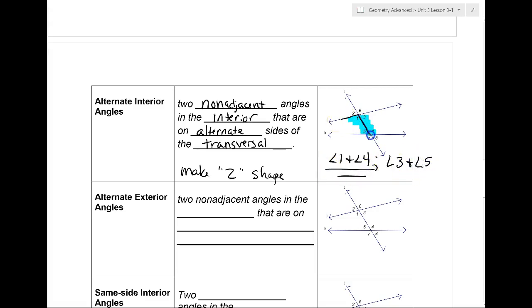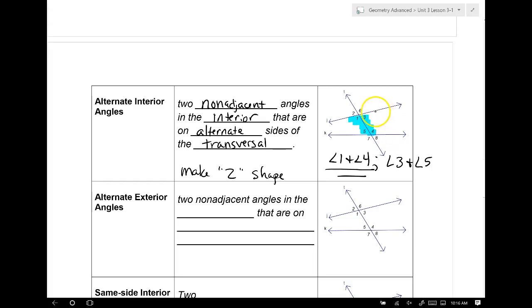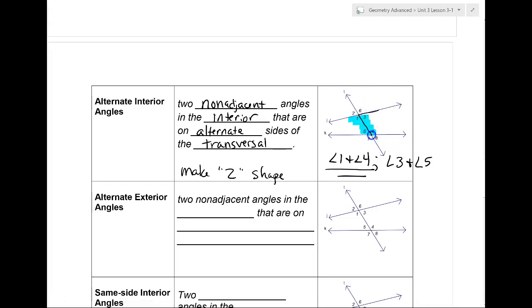Look at this. Do you see that black Z I just made? There's your Z shape. It should make a zigzag if you're making the angles. And it goes the other way around for 3 and 5. Look, here's 3 and 5. You don't have to write it down. See the Z? If you get that Z shape, you know you have alternate interior angles.